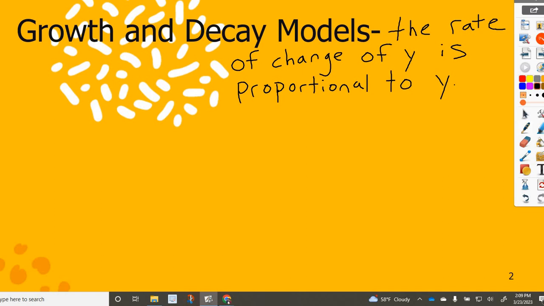So what is the rate of change of y? The slope, dy/dx. What does it mean for two things to be proportional? They have some connection. If I increase one, then I also have to increase the other, okay? Which means that when I'm setting up an equation, it has to equal the other, which in this case is y.